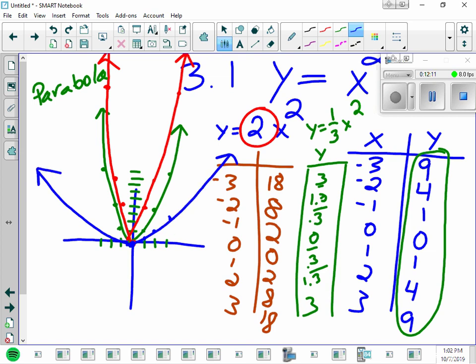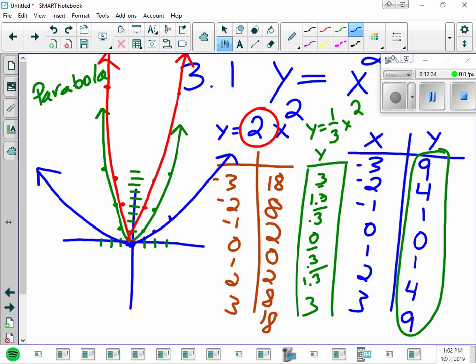How would you describe that graph? Which way? Vertically, right? You might say it's stretched horizontally or it's wider, but that's not what happened. The points actually were smashed vertically or compressed. So we would say that this graph is shorter than a regular graph. Okay.